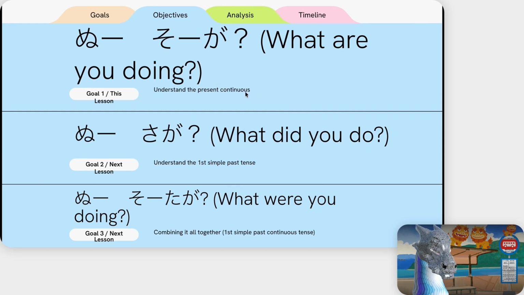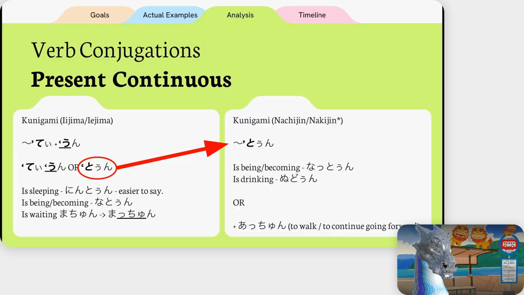Okay, so the goal of this lesson is to understand the present continuous case, and in the lesson after we're going to go to the past tense and then the past continuous tense.